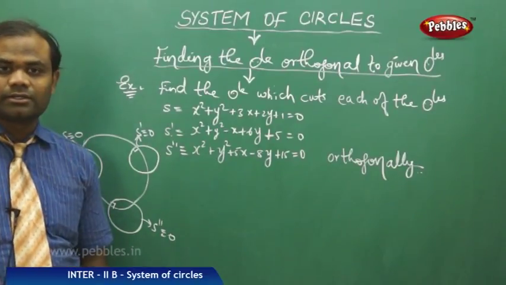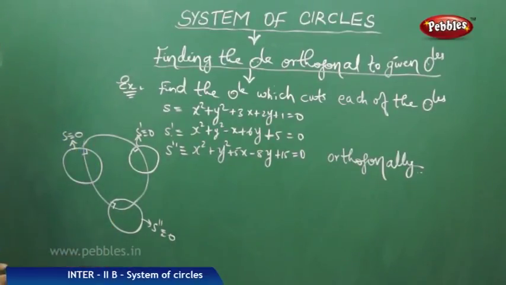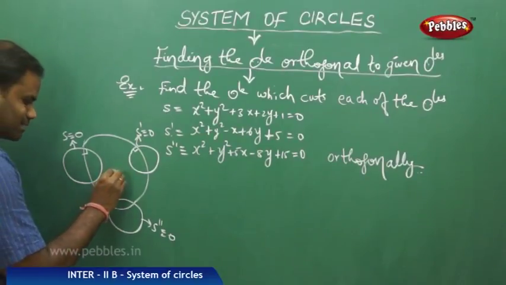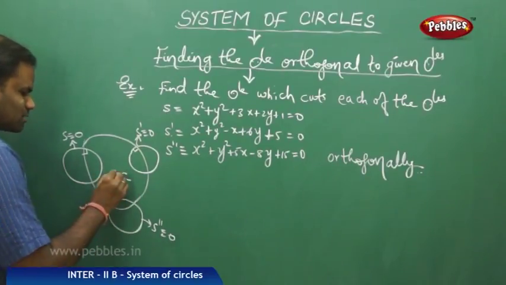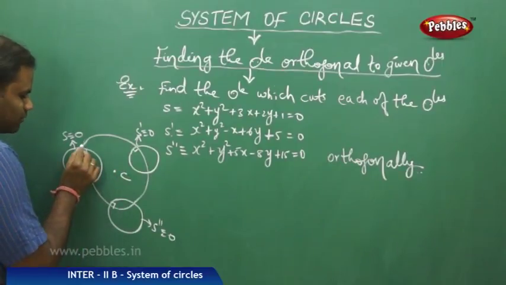We know that there is only one circle which cuts each of them orthogonally, whose center is the radical center of these three circles, and its radius is the length of tangent from any of the circles.